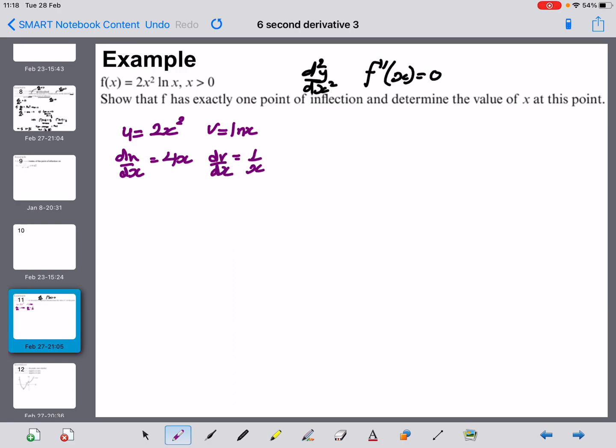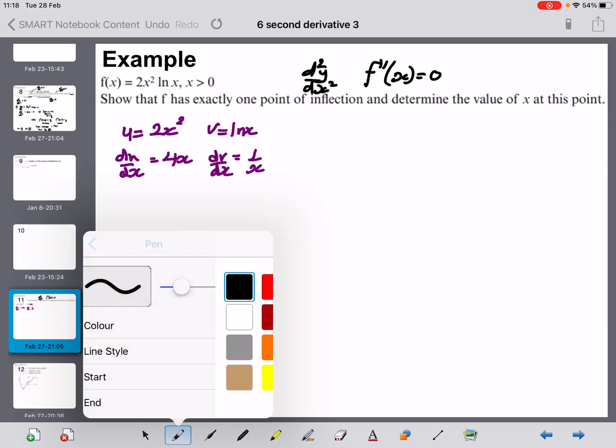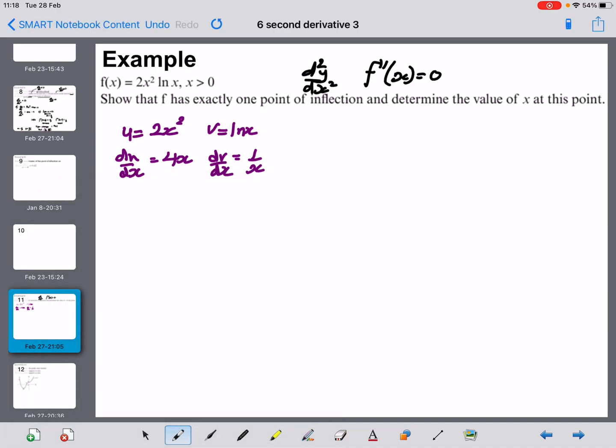So the first derivative f dash will be v du dx, so 4x log x, plus u dv dx, so 2x squared times 1 over x. One of the x's cancels, and we're left with 2x.